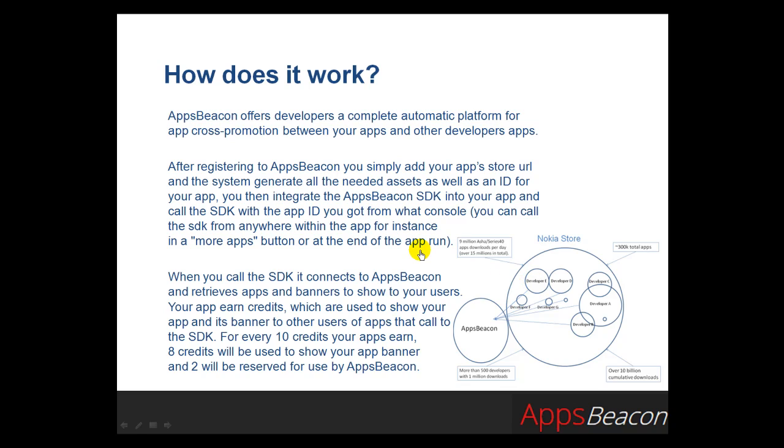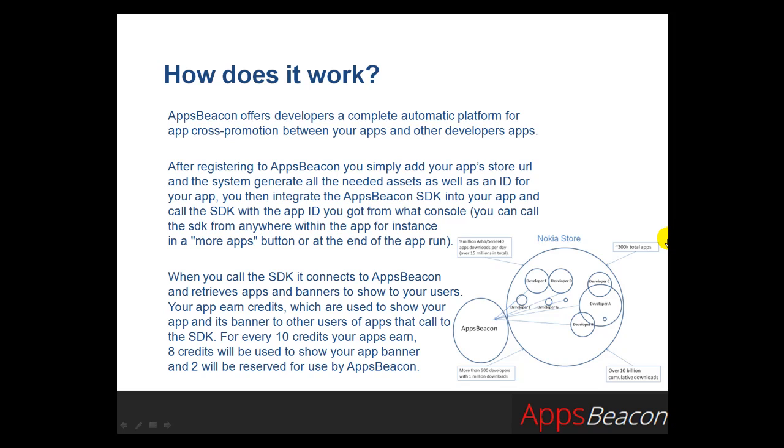After you register to the AppsBeacon site, you simply add your App Store link. So that's all you need. Let's say for Nokia Store, you just need the store link with the content ID number, and you just submit that to the AppsBeacon console, and it generates all of the needed data automatically.